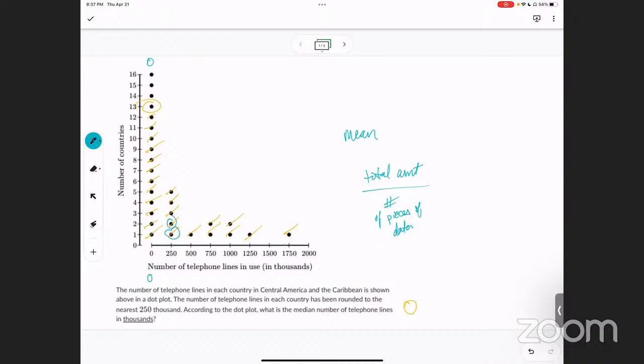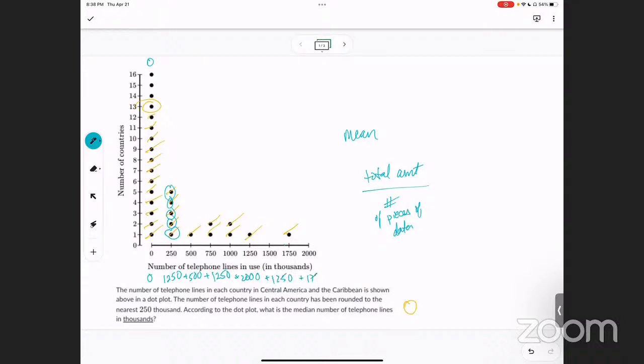This would add up to 1, 2, 3, 4, 5 times 250, which is 1,250. This is 500. This is 750 times 2, which is 1,250. You get what I'm doing here? Yeah. This is 2,000. This is 1,250.